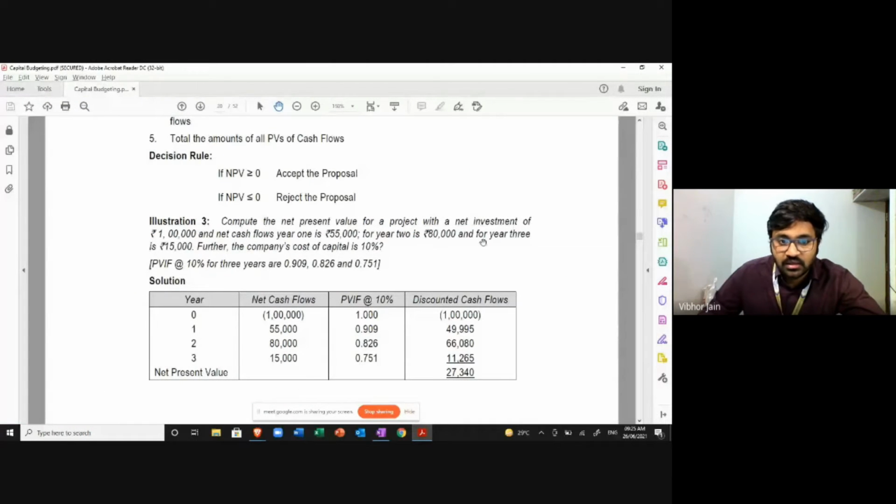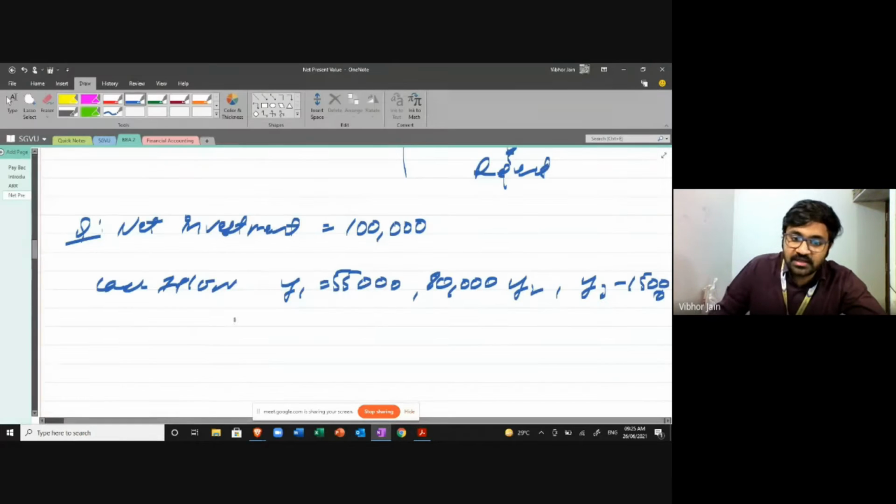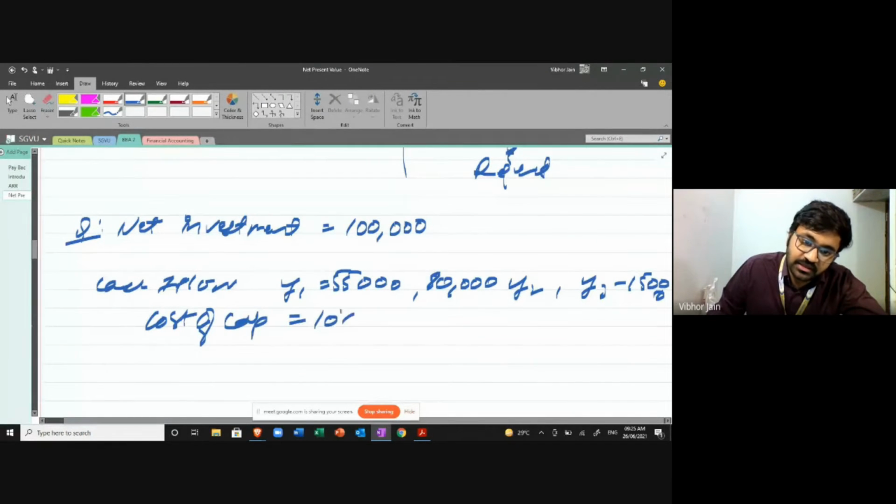Further, the company's cost of capital is 10%.